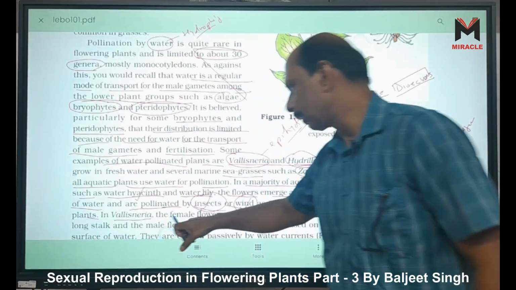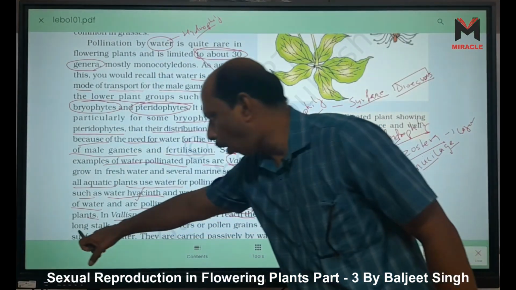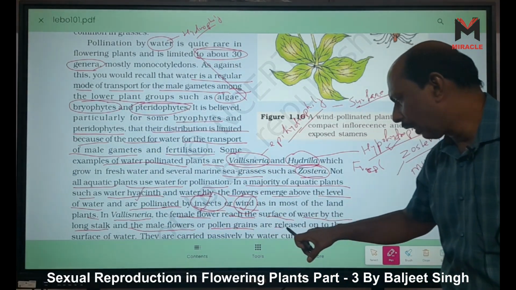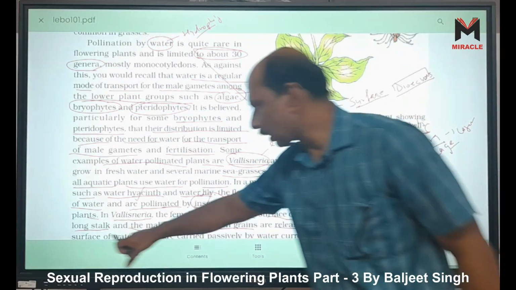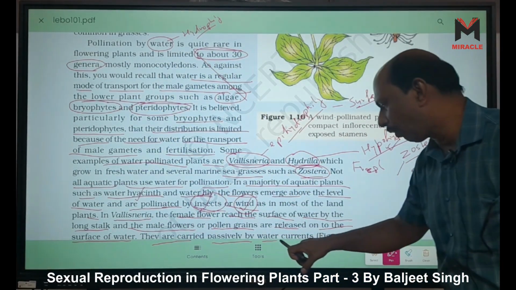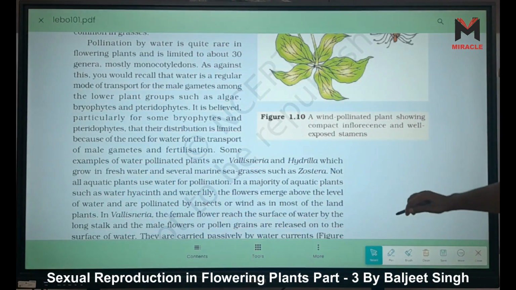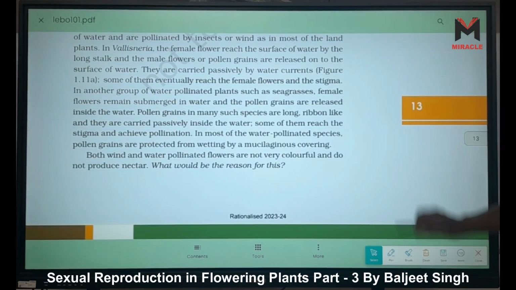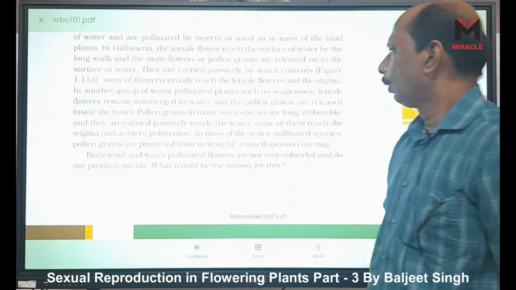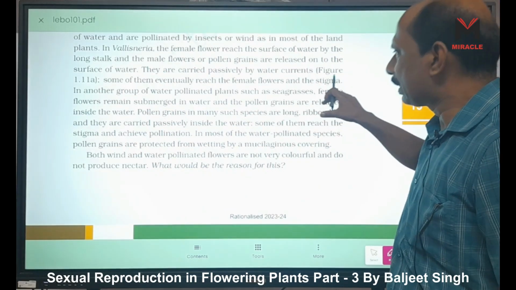In Vallisneria, the female flower reaches the surface of water by a long stalk, and the male flower or pollen grains are released onto the surface of water, and they are carried passively by water currents, as I already told you, right? Some of them eventually reach the female flower and the stigmas.